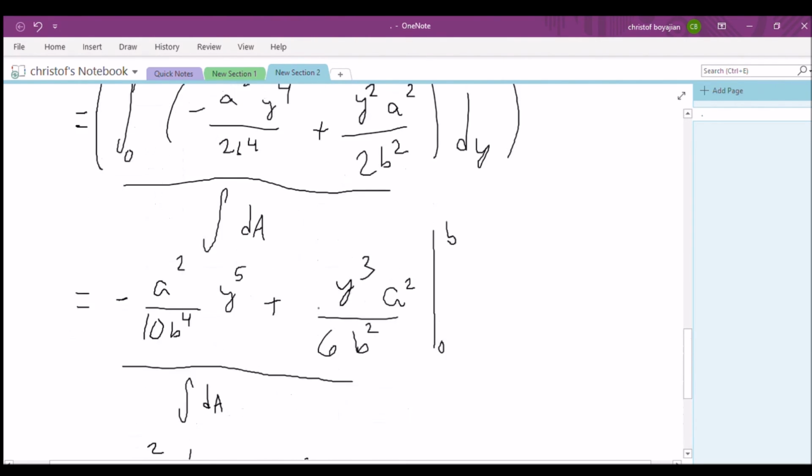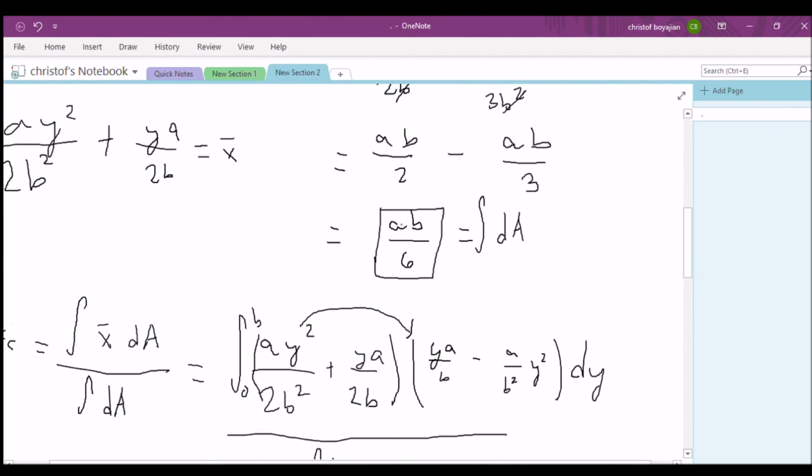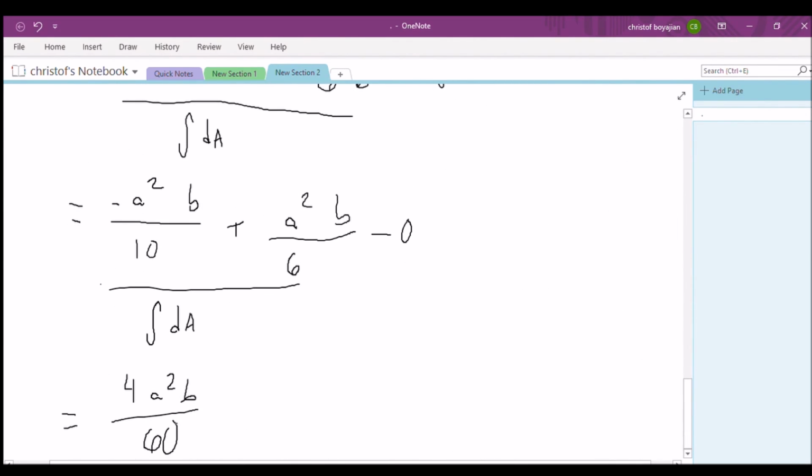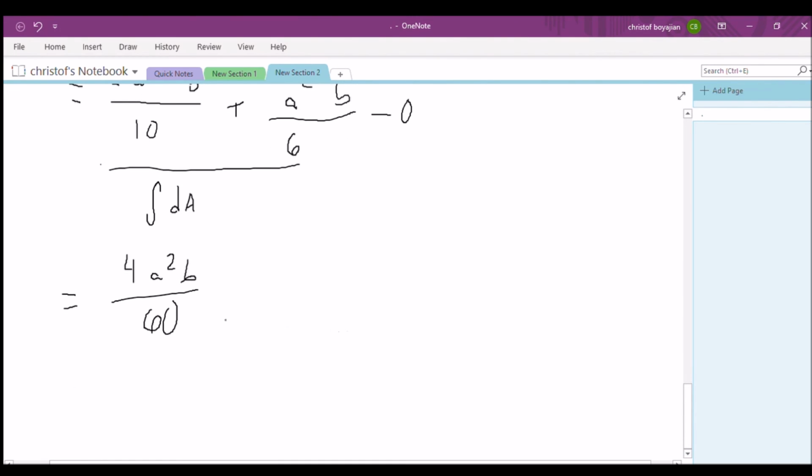So what was our dA? We said that to be ab over 6. Okay, so we're dividing that by dA. So let's multiply by the reciprocal. Instead of ab over 6, it should be 6 over ab.